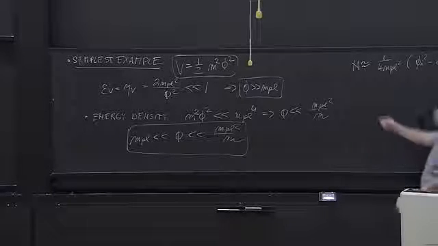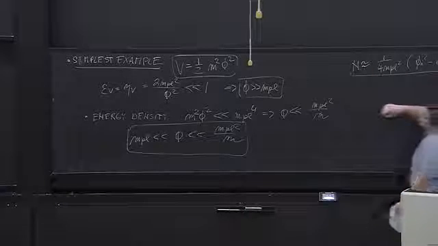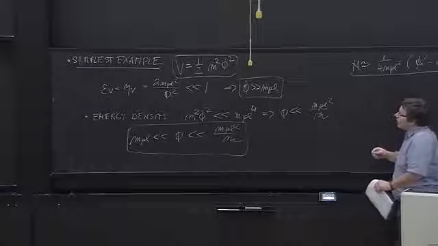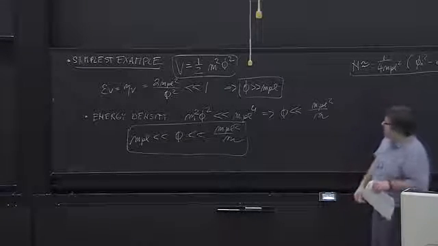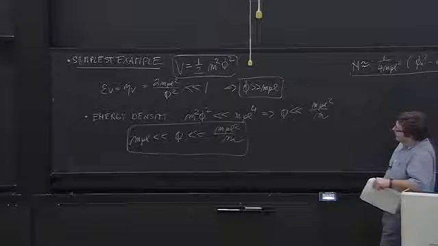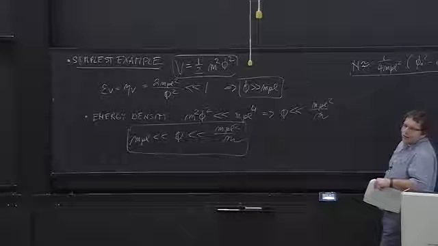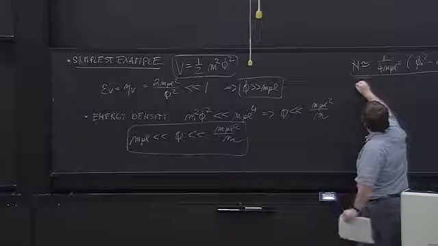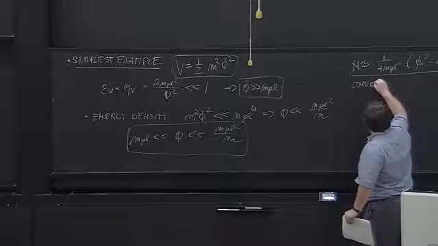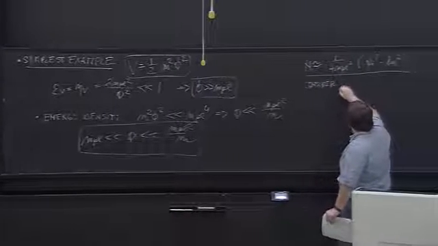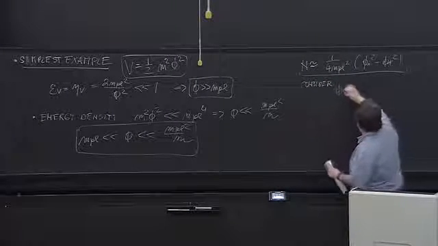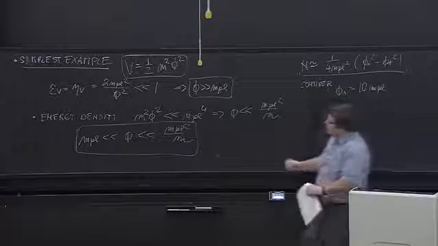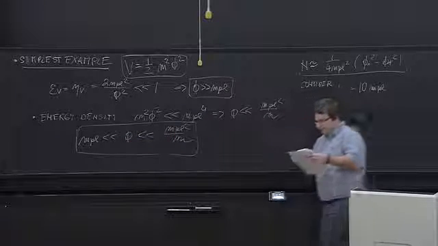So now let's just estimate what it gives us for the mass m. So we have this condition here, and let's make sure that this condition is satisfied. Let's take phi initial equal to 10 times m Planck, then this part is satisfied.